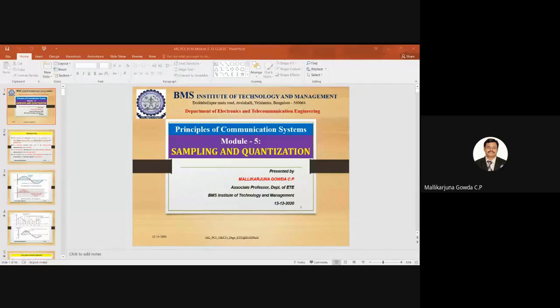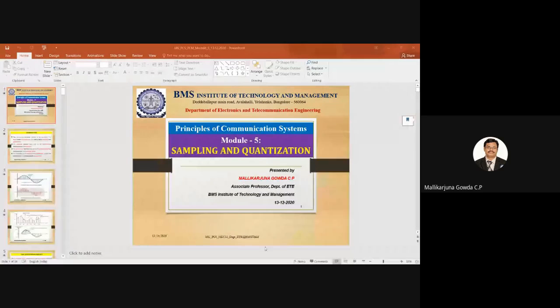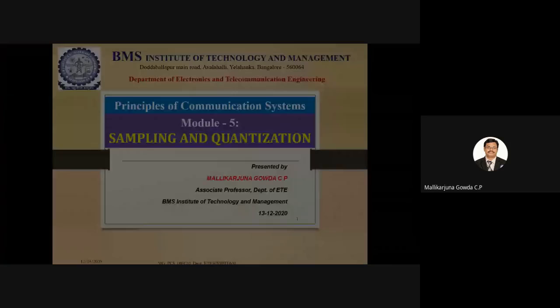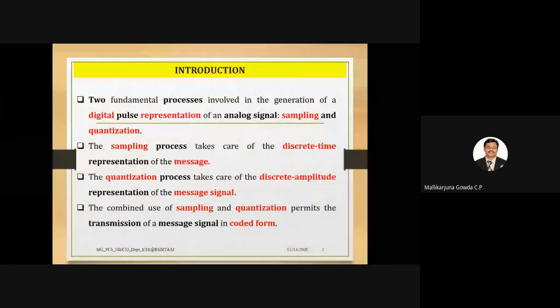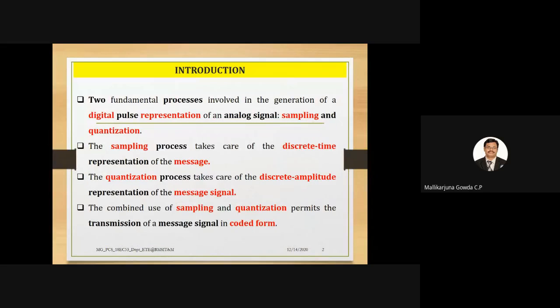We will be discussing quantization today. So far we have discussed sampling. As we all know, the two fundamental processes involved in the generation of the digital pulse representation of an analog signal are sampling and quantization.